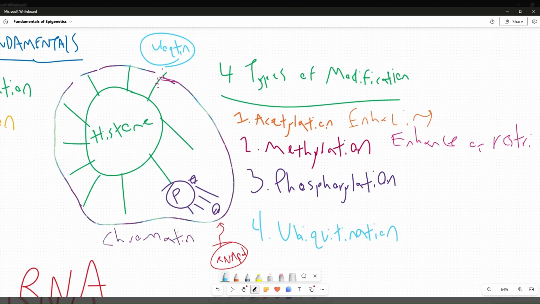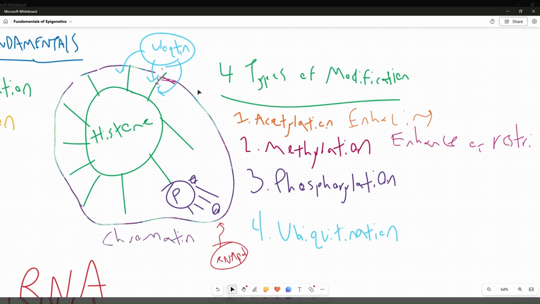Instead of a molecule or a chemical group getting added to the end of it, it's not causing structural steric hindrance like in acetylation and methylation. It's not doing this negative force field propelling it away like in phosphorylation. It's just an actual protein, ubiquitin, that will come over and just change how accessible the chromatin is directly.